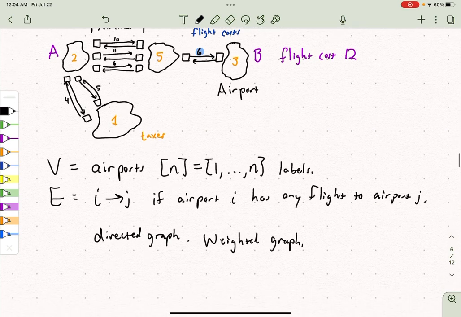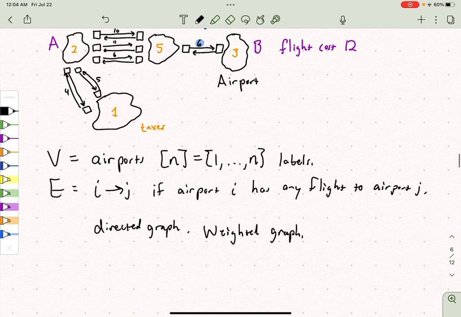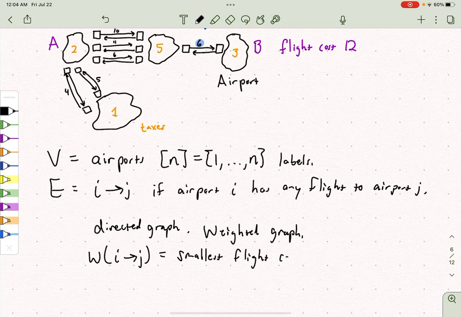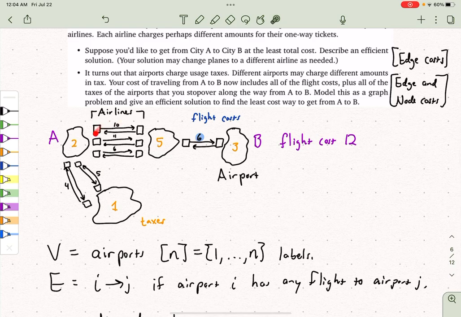And now the main question is, what is the weight for any edge? We're going to have the weight from I to J be the flight cost, or specifically, the smallest flight cost from I to J. So in our example above, this corresponds to picking basically the best airline at that particular airport.